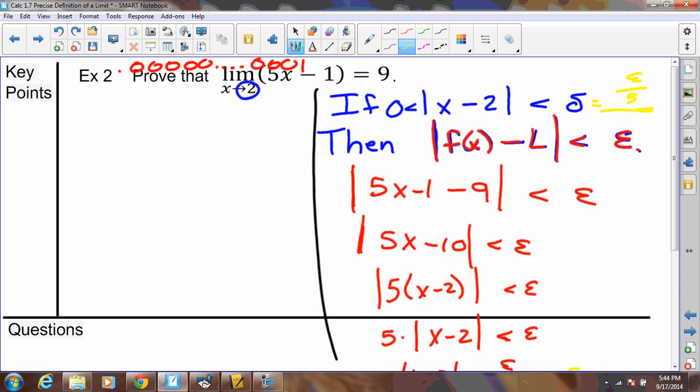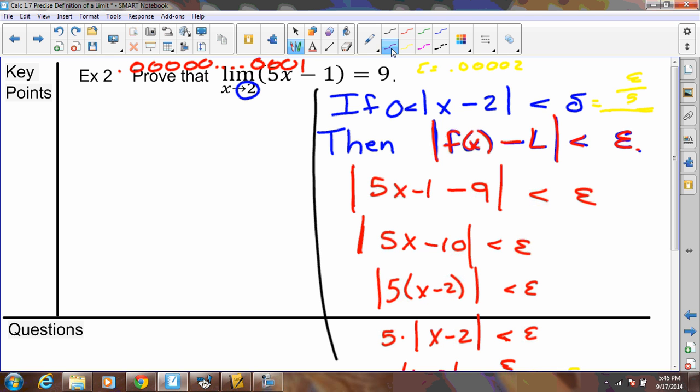That way, if somebody wants to pick an epsilon that's 0.00002, all we have to do is take whatever epsilon they give us, divide it by 5, and we will have the number that's going to give us our delta value that we want.